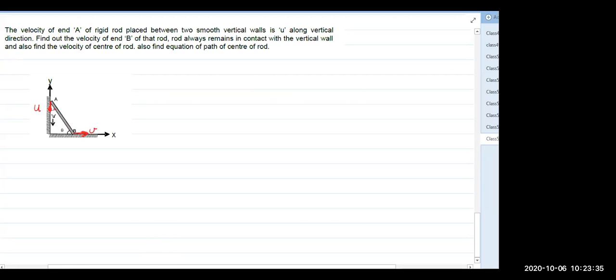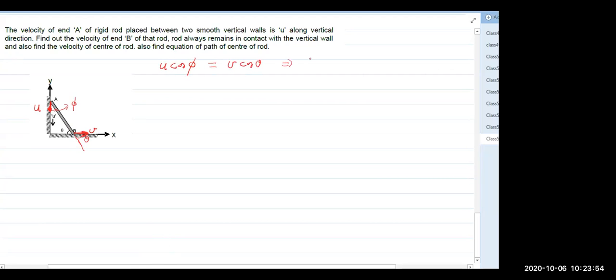So if this angle is theta and this is phi, we can write u cos phi, the component of u along the rod, should be equal to V cos theta, the component of V along the rod. And u cos phi is u cos(90 minus theta), which equals V cos theta.